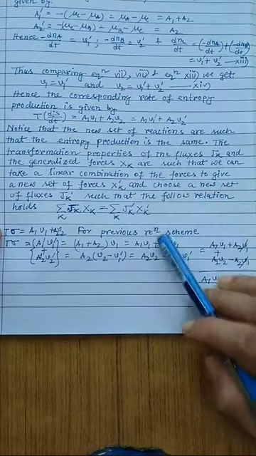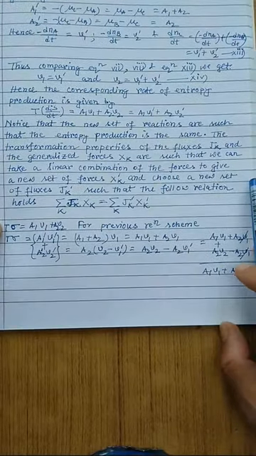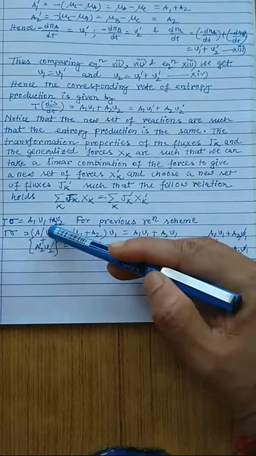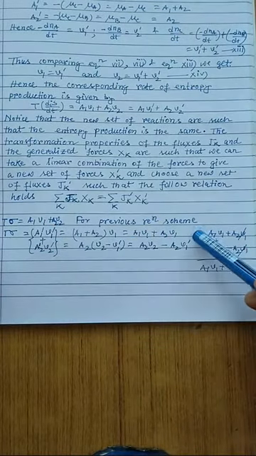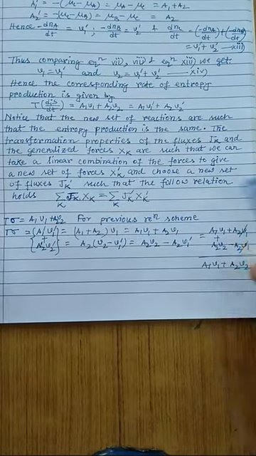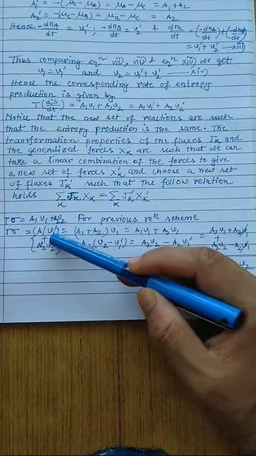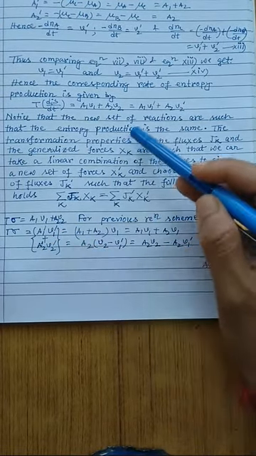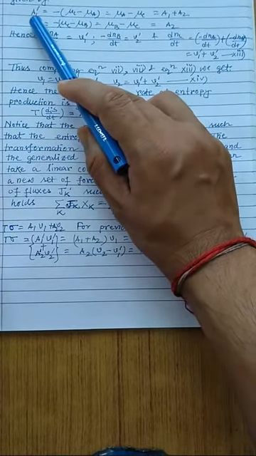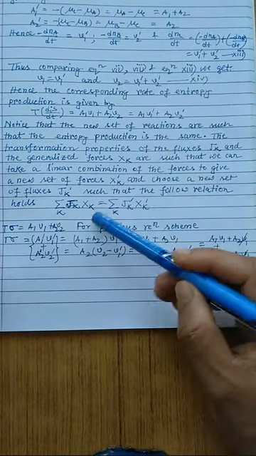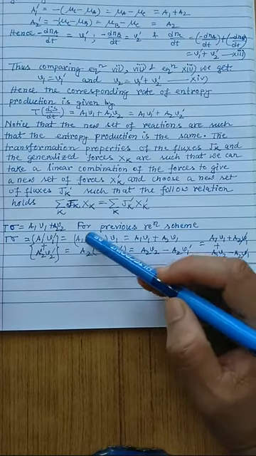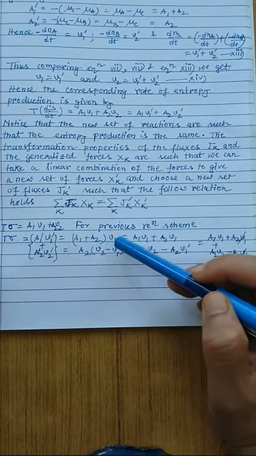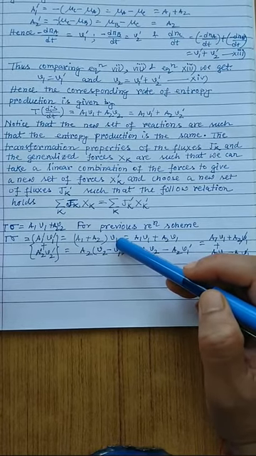How does it appear? To make it clear, I have made some calculation. In the previous case, T into sigma equal to A1 V1 plus A2 V2 for the previous reaction scheme, and for the new reaction scheme, T into sigma becomes A1 prime into V1 prime plus A2 prime into V2 prime. We know that A1 prime equal to A1 plus A2. So converting all these values in terms of the previous reaction scheme, A1 plus A2 into V1 prime, equal to V1, so I have written here directly V1.